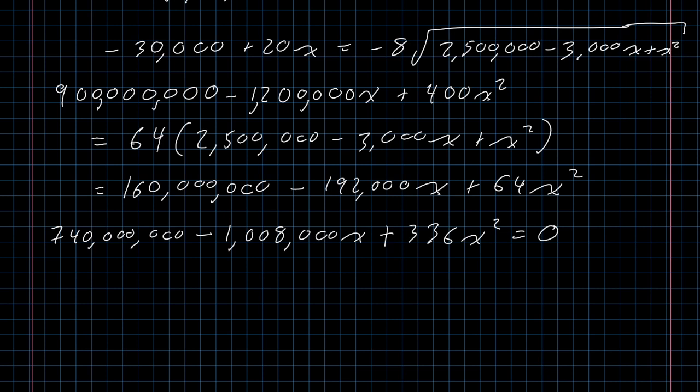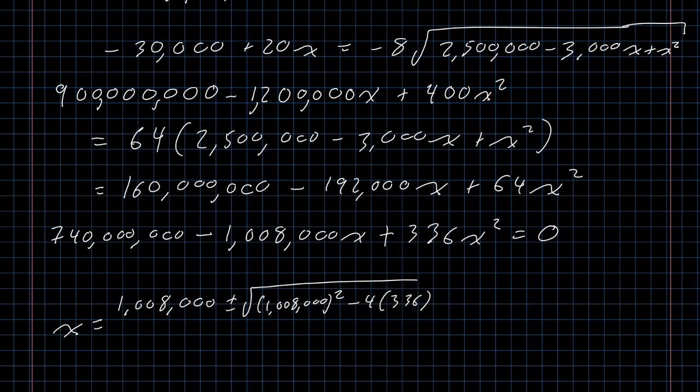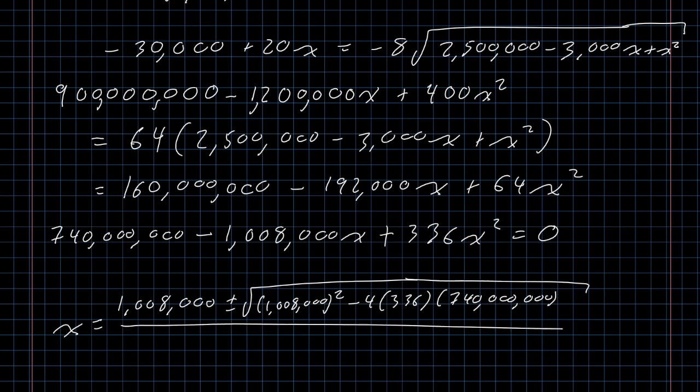So x itself is going to be the opposite of 1,008,000 plus or minus the square root of 1,008,000 squared minus 4 times 336 times 740 million, all divided by 2 times 336.